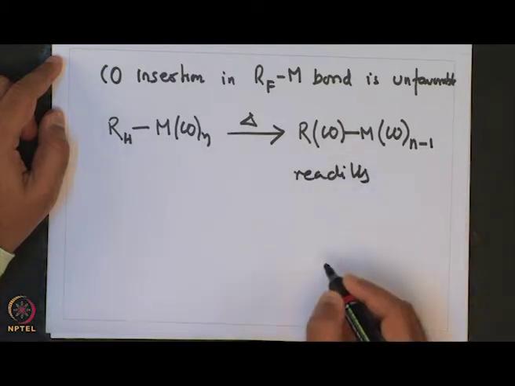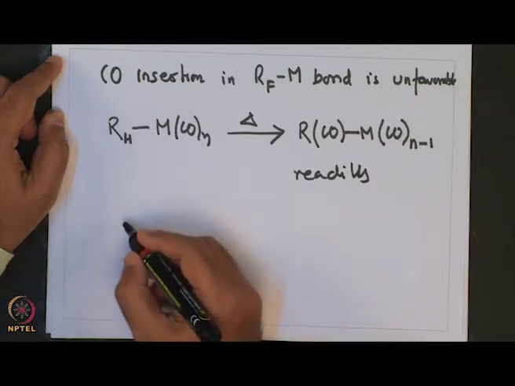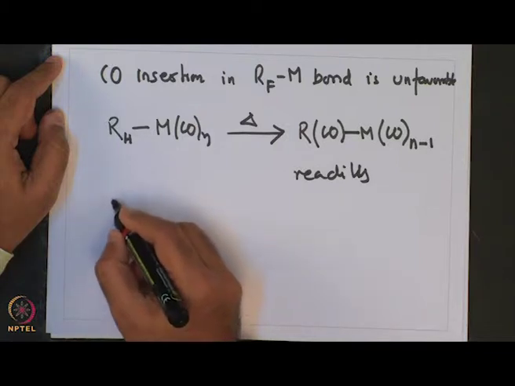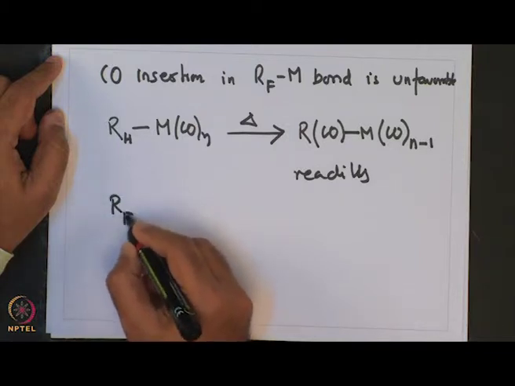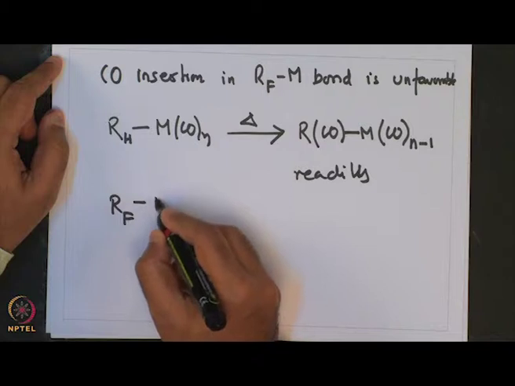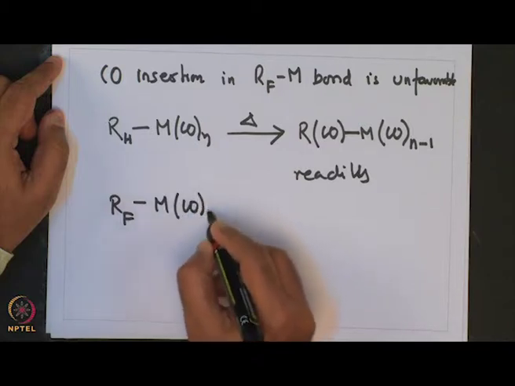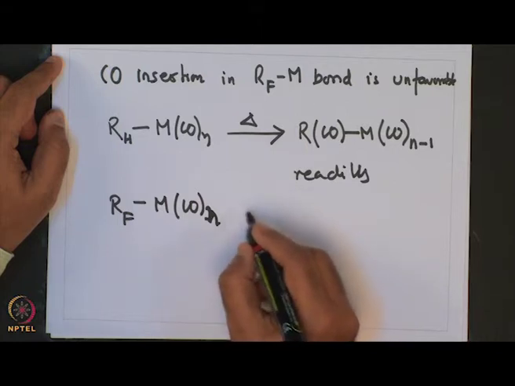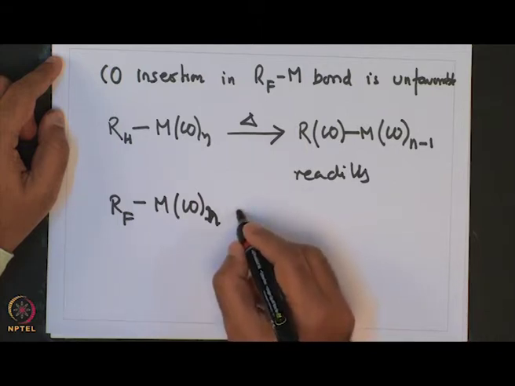happens readily upon heating and is observed in many transition metal complexes, whereas the same reaction in its perfluoroalkyl analog, as given by R_F M(CO)n, is very rare.